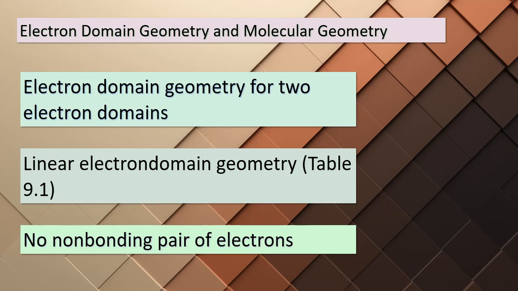Well, since there are no non-bonding pairs of electrons, the resulting molecular geometry remains linear as well. Imagine this as a kind of molecular puzzle, where the pieces just align in a straight line. Consequently, the bond angle between the atoms, such as in the case of the O-C-O bond, is a perfectly straight 180 degrees. Isn't it intriguing how the arrangement of electron domains influences the overall structure of molecules? Let's move on to our next topic and continue our exploration of the captivating world of chemistry.